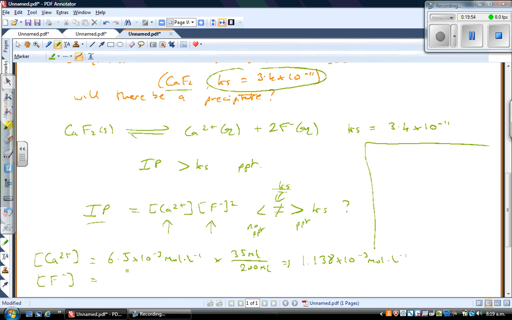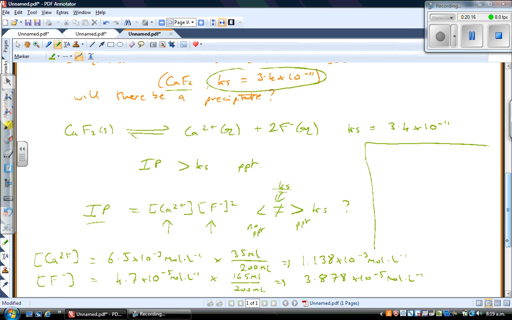Its original starting concentration was 4.7 by 10 to the minus 5 moles per liter. Dilute that down, well, we had 165 mils in 200 mils, and that now becomes diluted down to 3.878 by 10 to the minus 5 moles per liter.